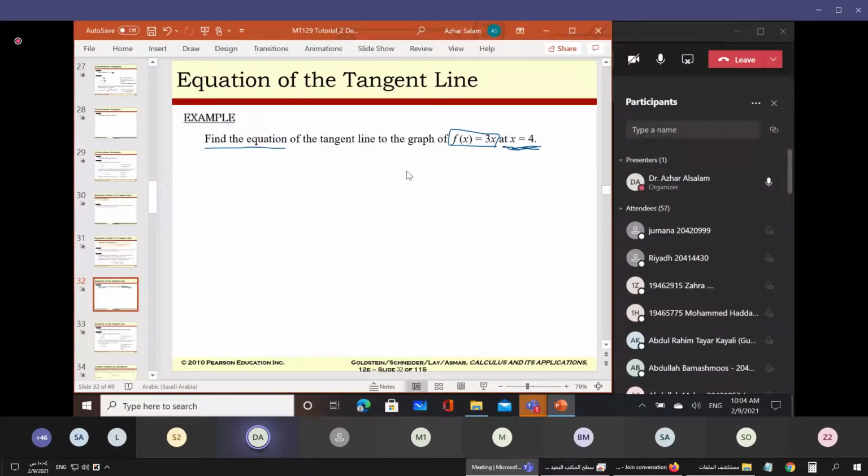As we said, the equation of a line, I take it from the slope equals change in y, y minus y1, over change in x, x minus x1.